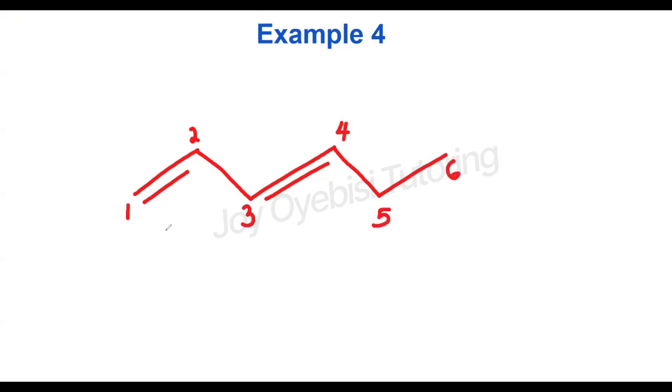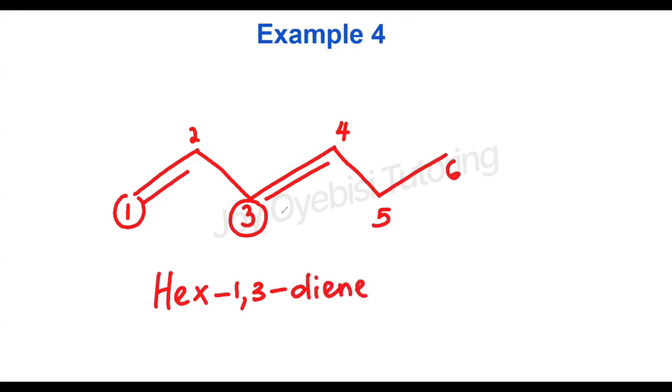Okay, so here, you're going to do 1 for this, started from 1, the next one is on 3, comma 3, and then you just say diene to show that there are 2 of those, and the positions are 1 and 3, carbon 1 and carbon 3. Okay, so that's how you name it when it's 2.